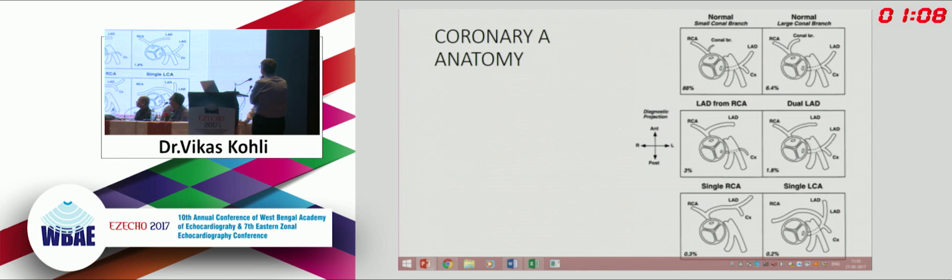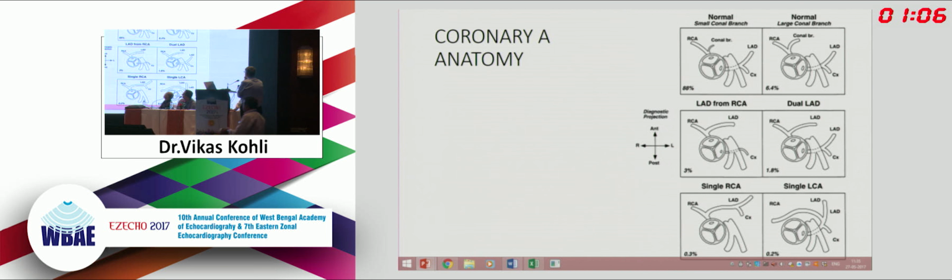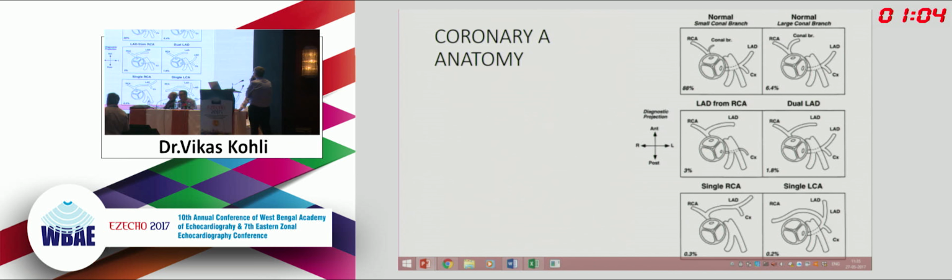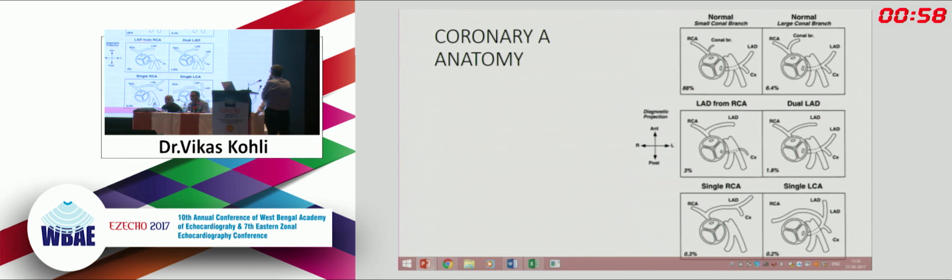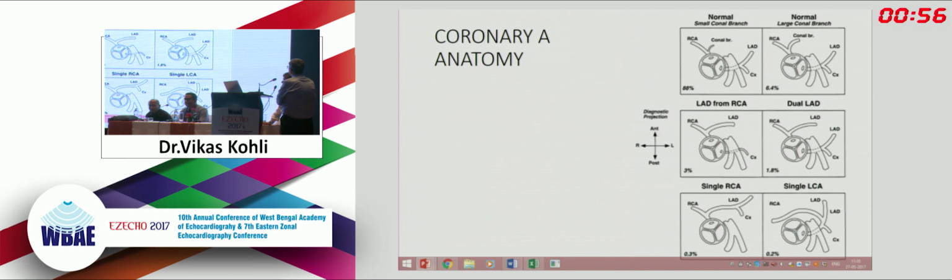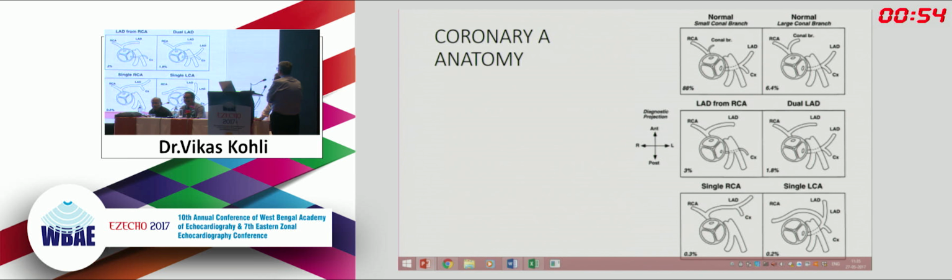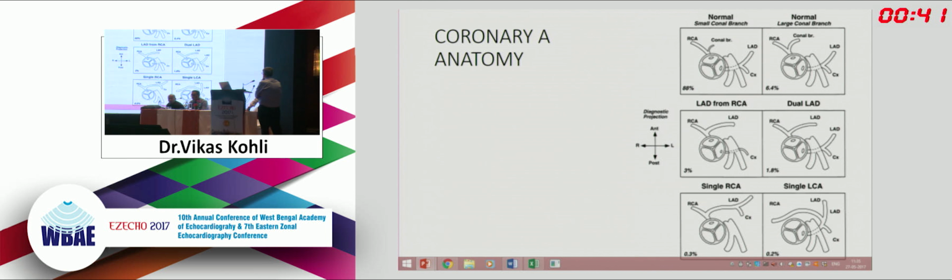One is the small conal branch that is going in front of the RVOT, that is very important, and another is a large conal branch going in front of the RVOT. These are variations, but most importantly where the LAD is arising from the RCA and going across the RVOT. Sometimes we can get a dual LAD, that is, one LAD arising from the normal route and another arising from the RCA. It can be a single RCA or it could be a single LCA.